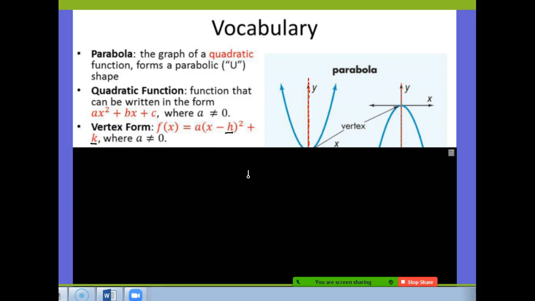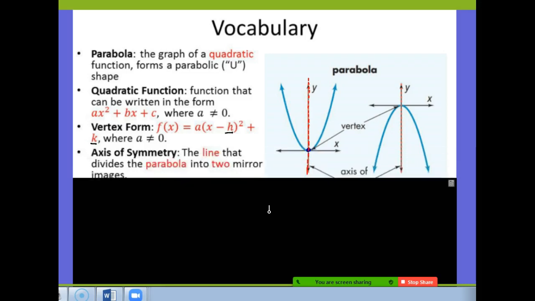Just like a linear function, they have standard form with ax squared plus bx plus c. And similar to an absolute value, they have vertex form, where you have a times parentheses x minus h parentheses squared plus k.